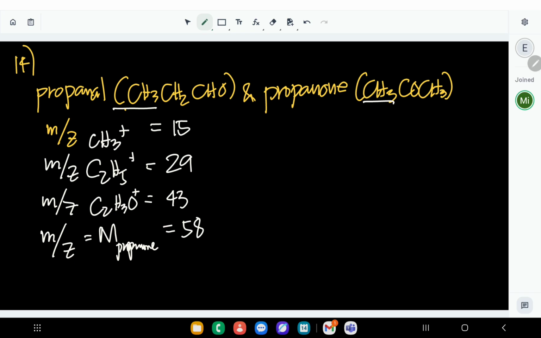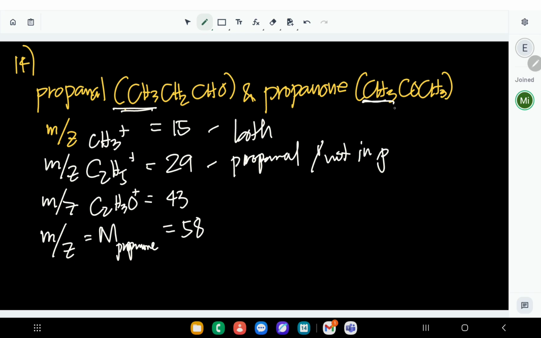The question is, which peak would not be expected in the mass spectrum of propanone? So we're only asked for propanone. The CH3 is present in both propanal and propanone. The C2H5 is present in propanal, not in propanone. We have C2 but no H5.